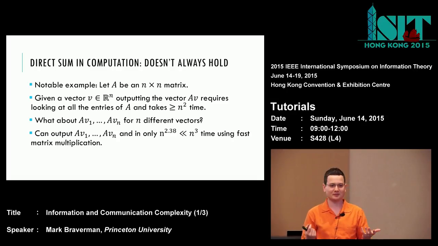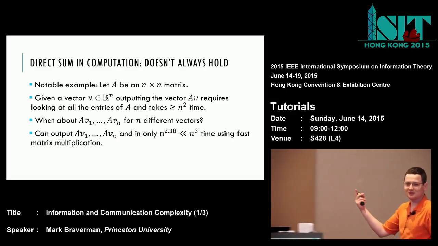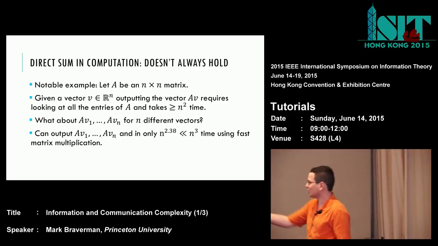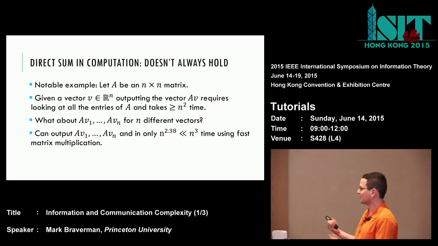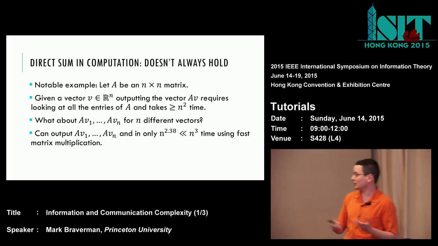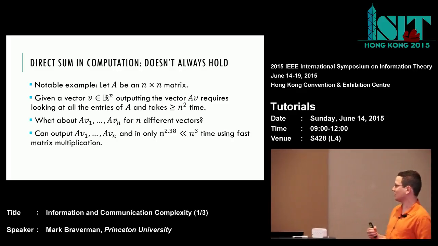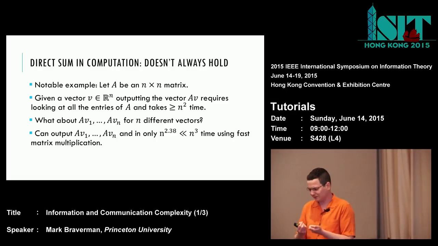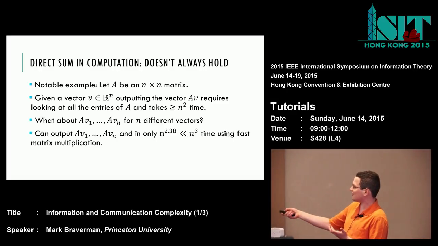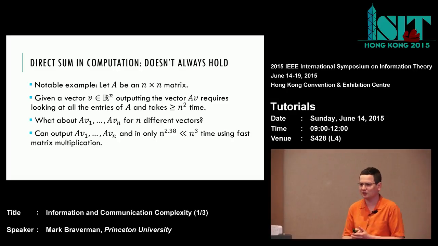Can we do better? It's a very contrived way to present what problem? Matrix multiplication, right? I can arrange those vectors as columns of a matrix, and so we get a matrix A times V, and we can do it in n to the omega, which is significantly better than n cubed. And notice that this doesn't happen for some stupid reason, like a concentration phenomenon or anything like that.